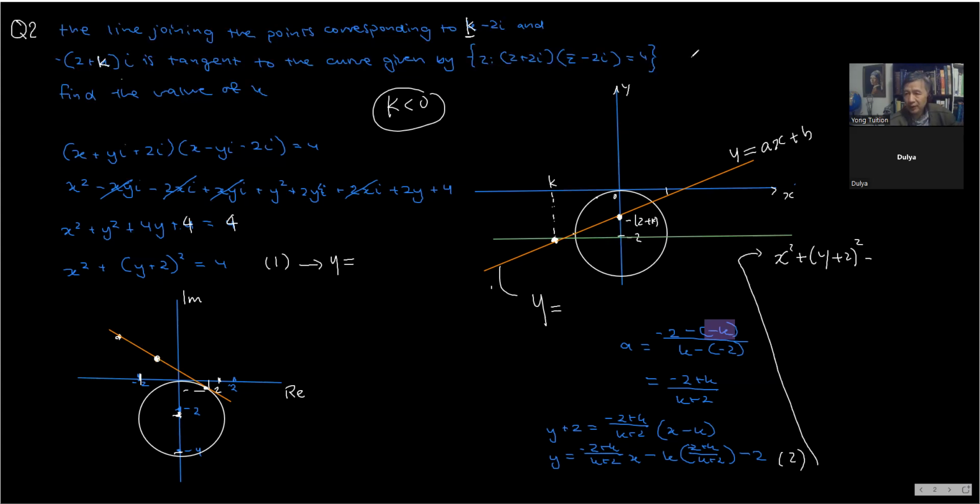Basically, we have used the criteria to discriminate for the single solution of the quadratic equation. Good, good. So we have equalized them. Do you agree? So we got this y.